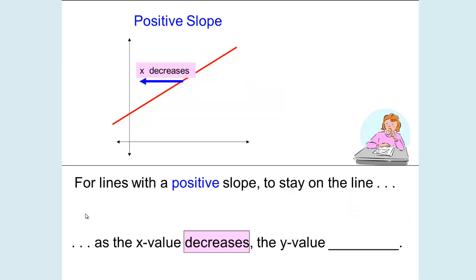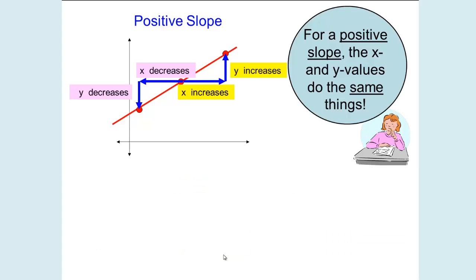What happens if the x value decreases? So as the x value moves smaller, what does the y value do? It will also move smaller or decrease. So as x increases, y increases.